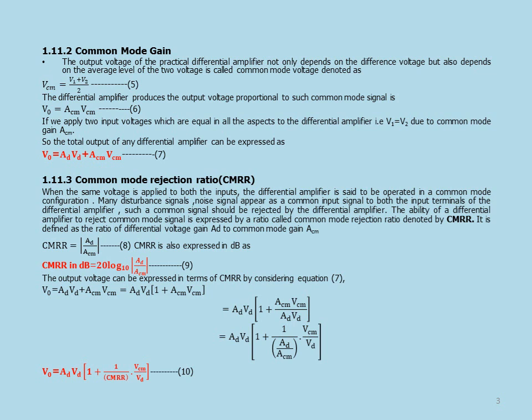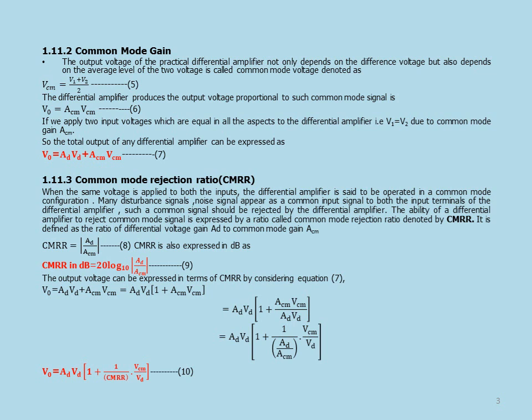Common mode rejection ratio in abbreviated form we write as CMRR. We can define CMRR as the ability of a differential amplifier to reject the common mode signal. I am repeating it: the ability of a differential amplifier to reject the common mode signal is called the common mode rejection ratio.